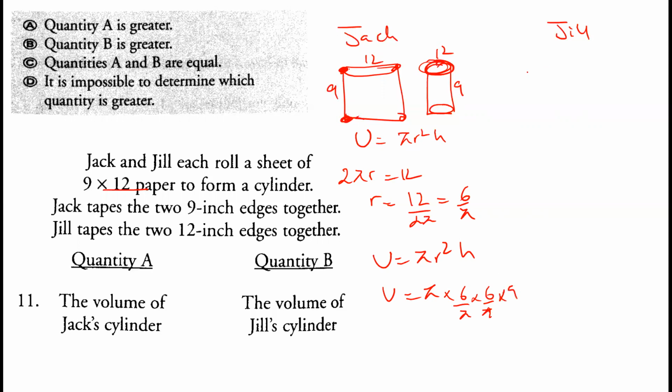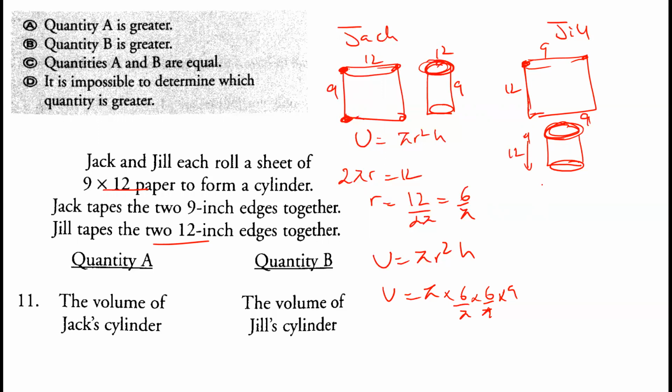Now Jill, on the other hand, has 12 by 9. So Jill tapes the other edge together. So Jill is trying to clip these two points together. So the cylinder that will be formed would have a circumference of 9 and the height would be 12.